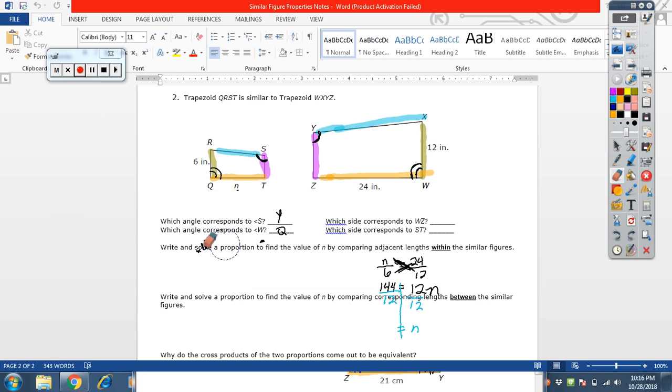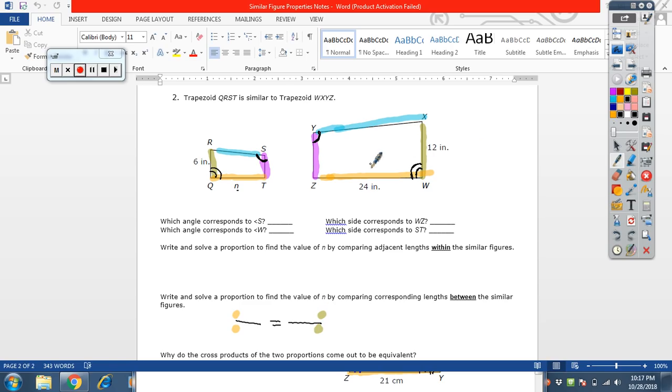The next one says, write and solve a proportion to find the values of n by comparing lengths between the similar figures. It just wants you to try it a different way. So this time, we're going to do orange, orange, green, green.